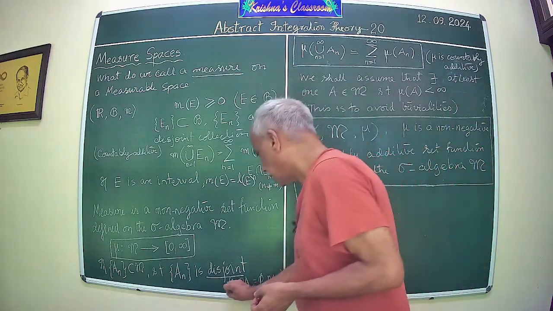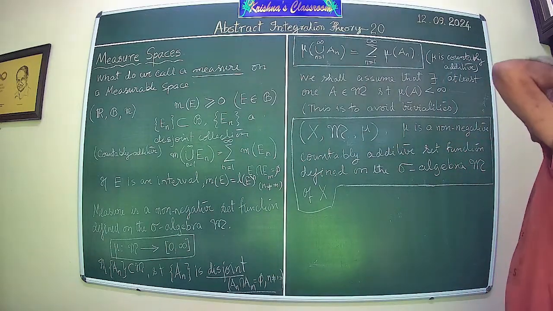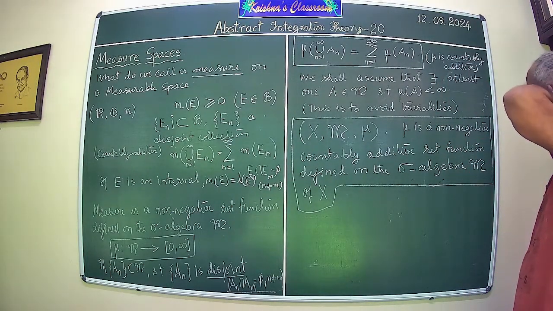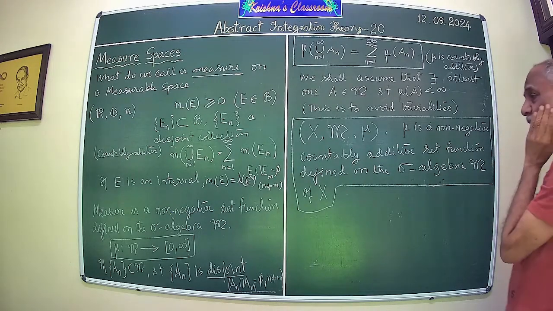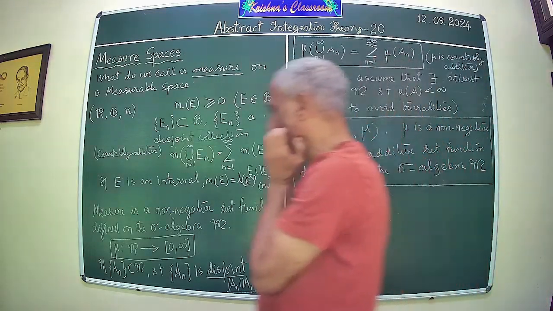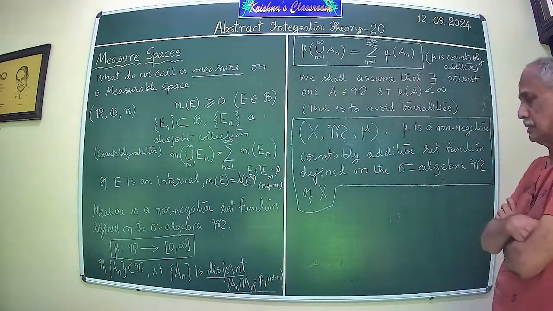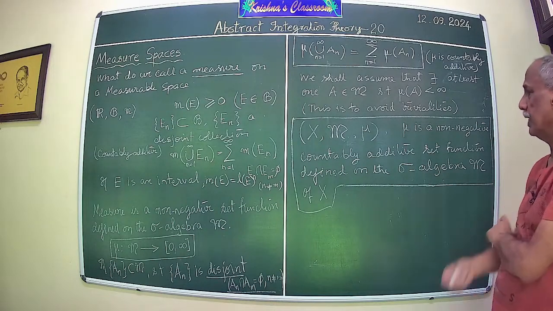So this is important in the condition, when we say something is countably additive. When we say countably additive, we are taking the sequence A_n of measurable sets which is disjoint. That is the disjoint condition.